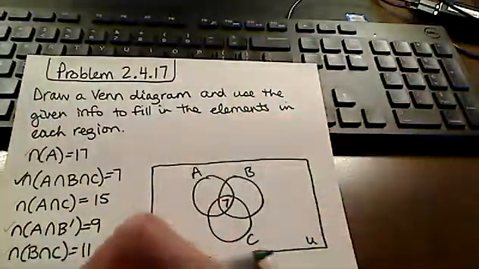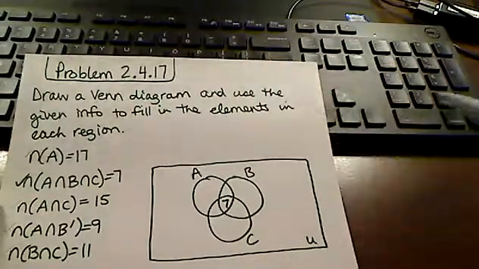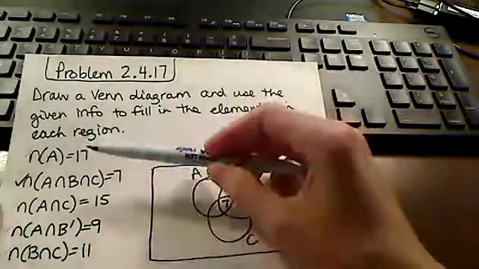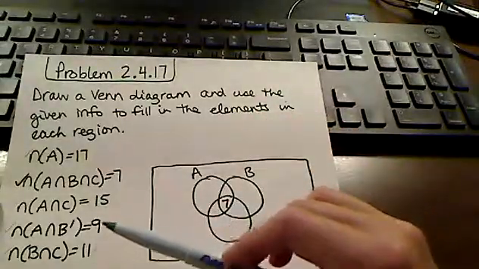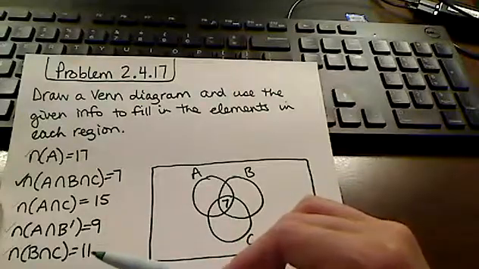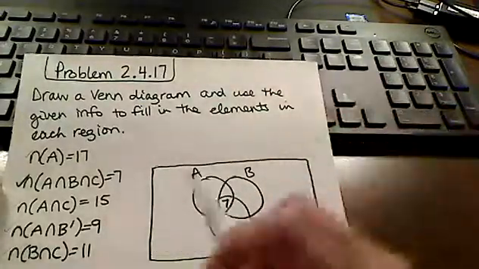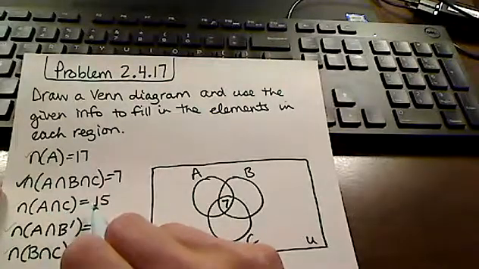The second piece of information that I'm going to go after, you really look at what's left, what's given to you, and you try to decide what can I use next. Sometimes there's multiple things that you can use next, and sometimes there's only one thing. What I see right off the bat is A intersect C is 15.